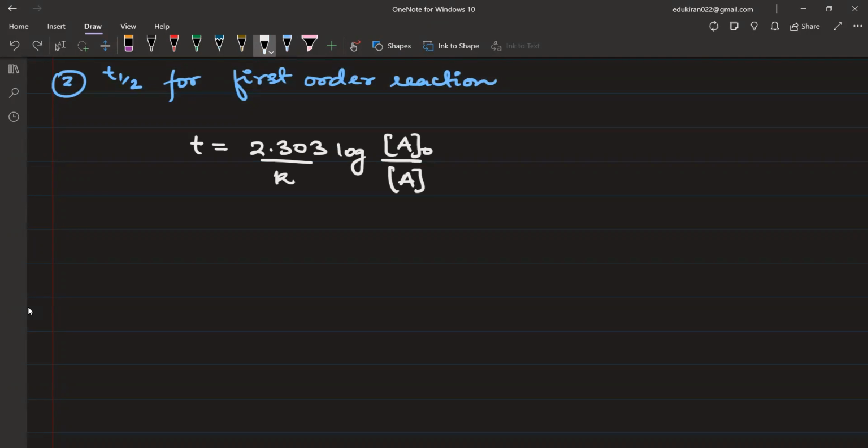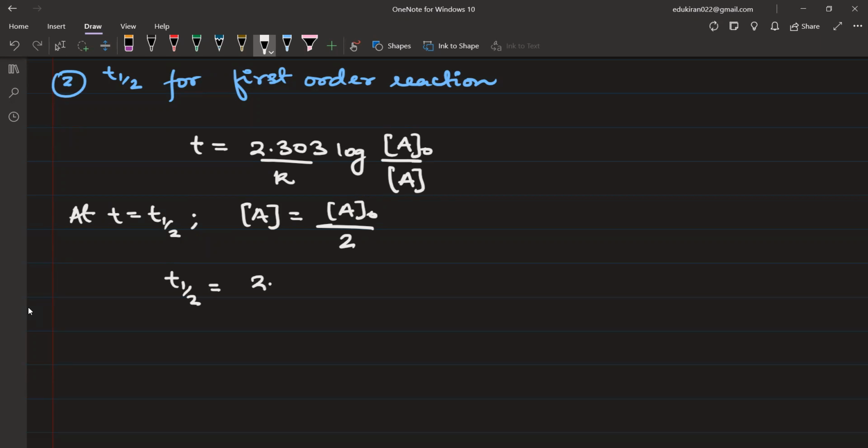At time t, the concentration is generally known as A. A is the concentration at time t. So at time t equal to T half, we can write that the concentration of A at T half will be equal to A naught by 2 as per the definition of half-life.